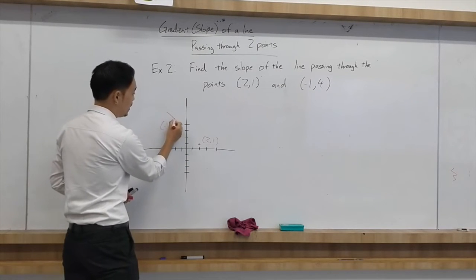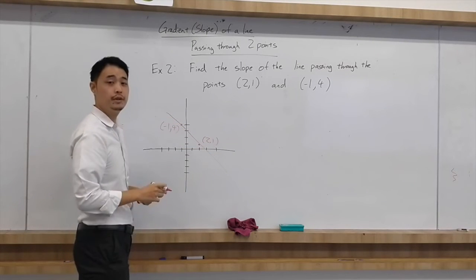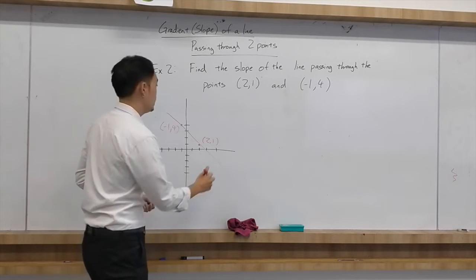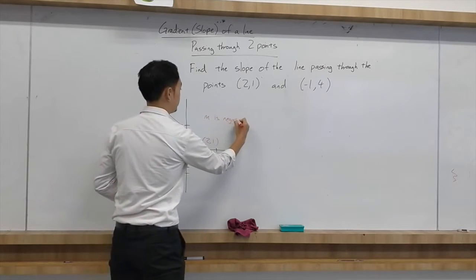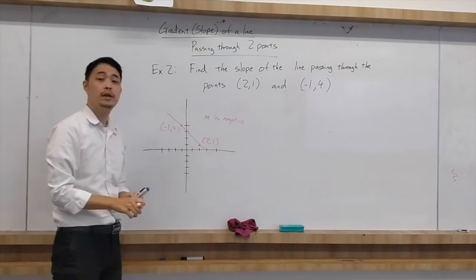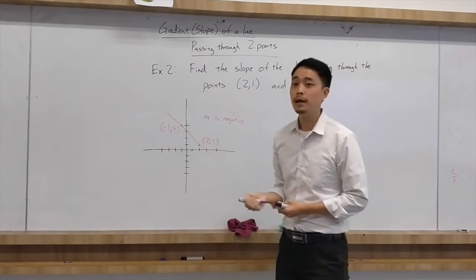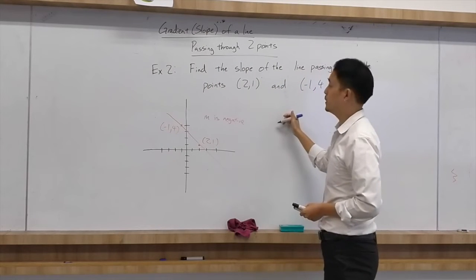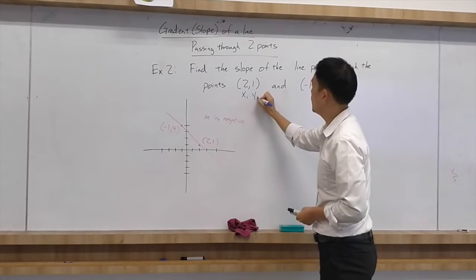We can see that the line has a downward motion, right? So a downward slope, meaning this m is negative, right? The slope of this line, or the gradient of this line, must be negative. And of course we can check that by calculating, right? So let's set this as our x1, y1.